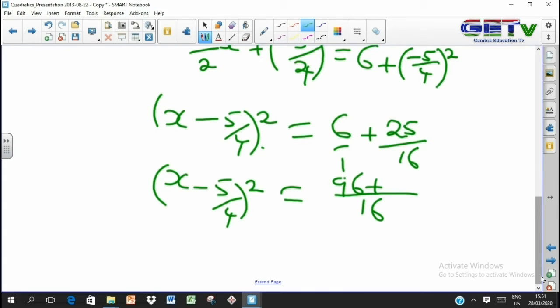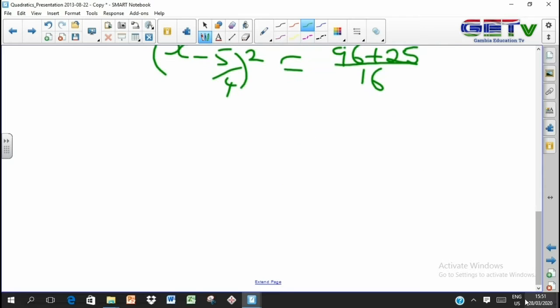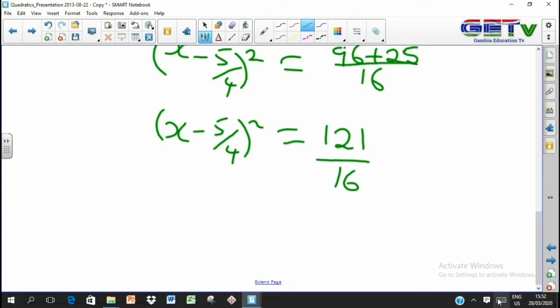Plus 16 into itself is 1, and 1 times 25 will give us 25. If you simplify the numerator, you will have x minus 5/4 in bracket all squared equals 96 plus 25, which will give us 121 all over 16.